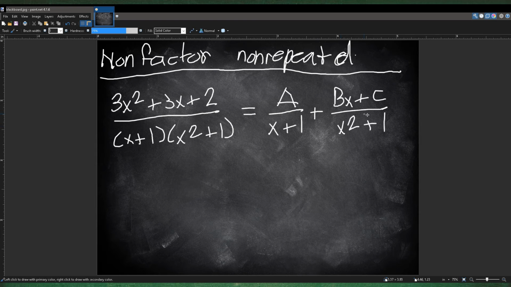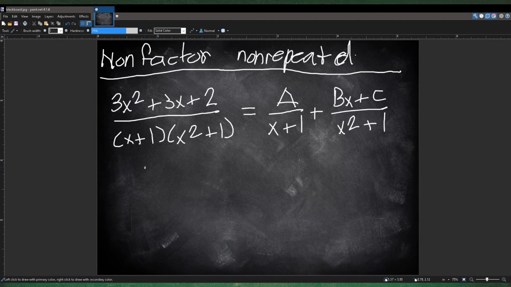So if this is non-factorable, you have to use a linear term in front. If it's a factored form, you're going to use a constant, so it's going to be a number. So for factors, numbers. For non-factors, use expressions. What you're going to do in this case is multiply this by that.